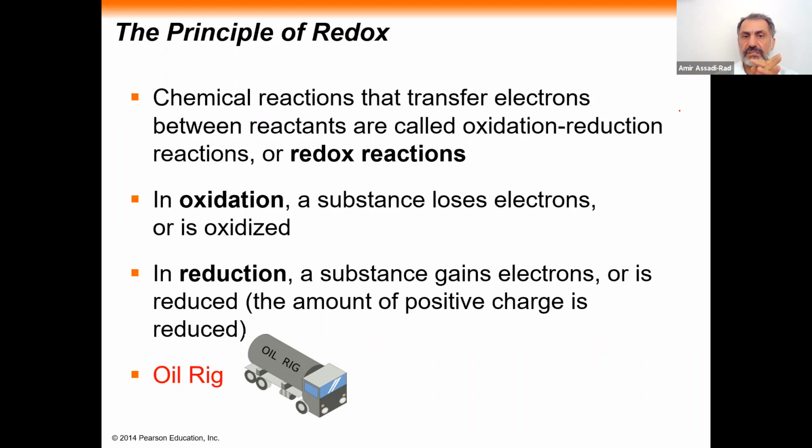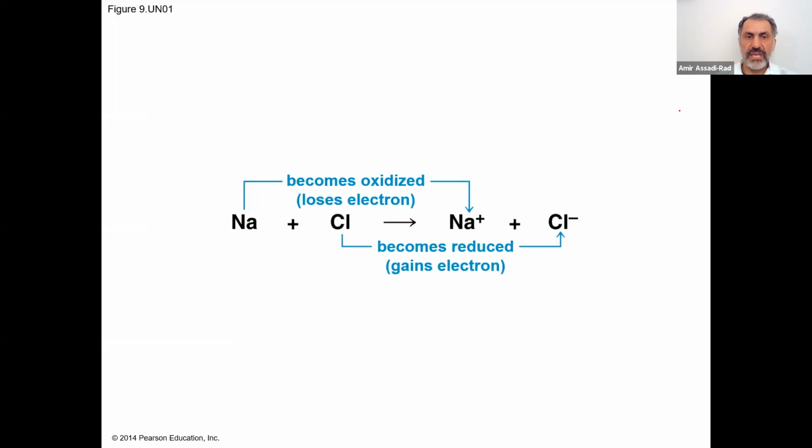In oxidation, a substance loses electrons. Remember, OIL: oxidized is lost. In a reduction, it gains electrons, and it's called reduced. The amount of positive charge is reduced. For example, you studied this at the beginning of the semester: sodium chloride, salt. Sodium becomes sodium cation.